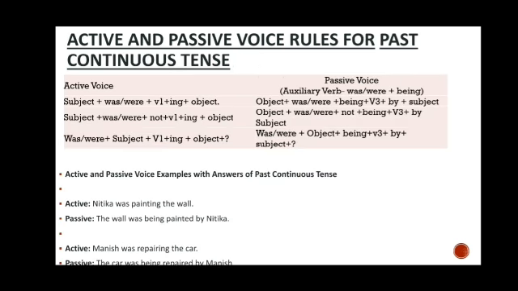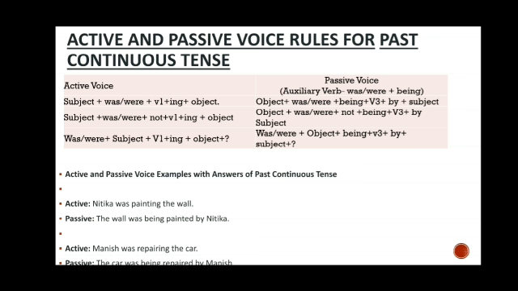Now see continuous, past continuous: subject, then was or were, then verb first plus ing, then object. While we are changing it, what will happen? Object will come first, then was or were, then being, BEING. Why? Because we have told you that when we are writing continuous then BEING, and when we talk about perfect then BEEN. Verb third, then by, then subject. Okay.